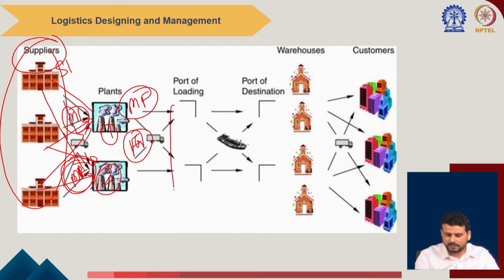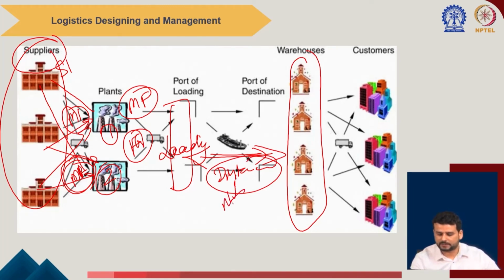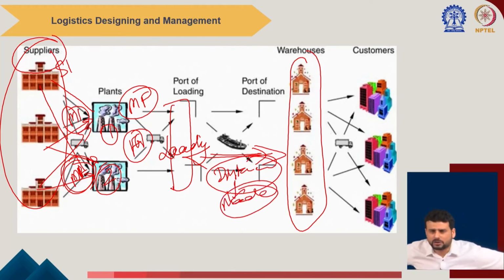So here you are loading those final products, and now they are ready to ship to the final destination, and final destinations are your warehouses. Now again, how you will cover this distance is important, right? Which mode you pick to cover this distance will define your cost function, your quality, your speed, everything we discussed earlier. So now these are the warehouses.